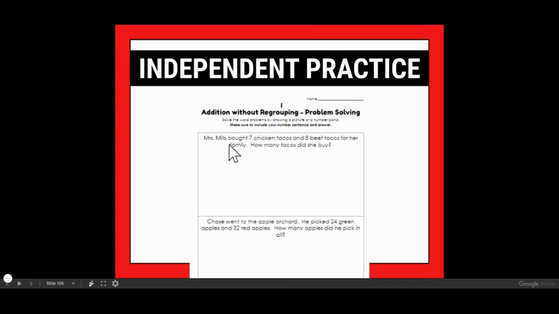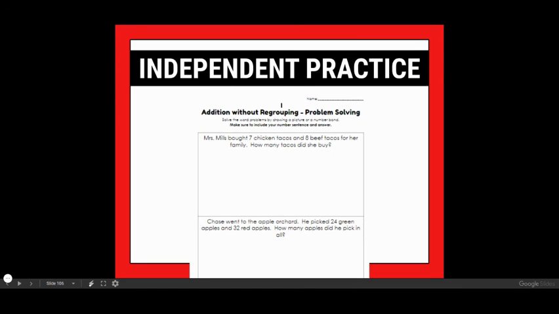Now, when I'm looking at these 2, I see this one has some small numbers, just 7 and 8. That would be pretty easy to draw. But as I'm looking at these 2 down here, this one has 24 and 32. I'm thinking if I draw a picture for that problem, my picture might take an awful lot of space.